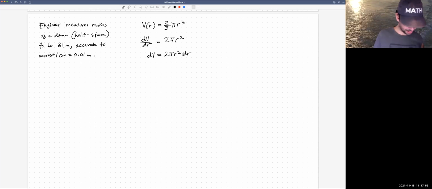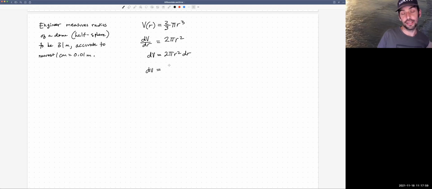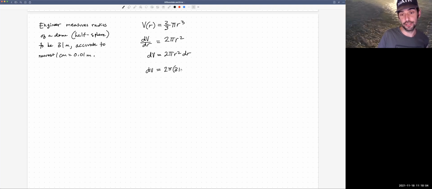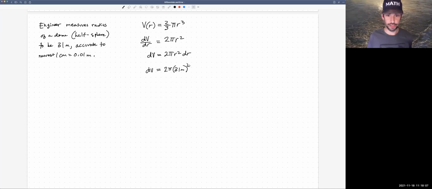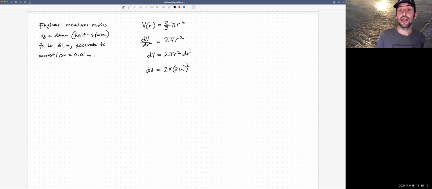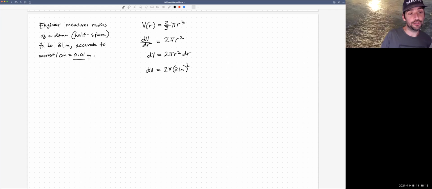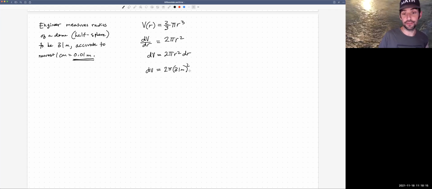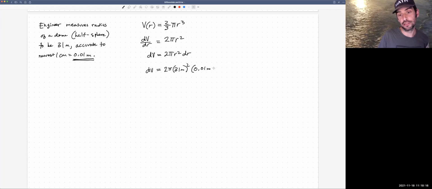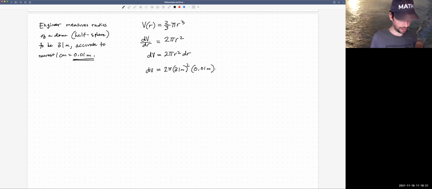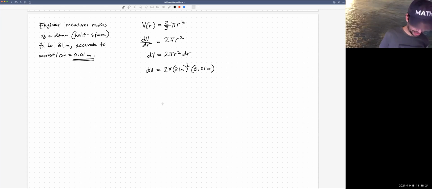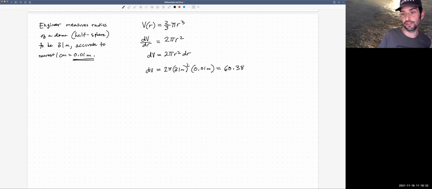In terms of our error, what we can say is dV is going to be 2 pi times the measured value of the radius, 31 meters, squared, times dr. dr is the error, and we're going to use what we know about our tool, that it might have up to 0.01 meters of error, as our dr. We multiply this and we get, to 2 decimal places, 60.38.